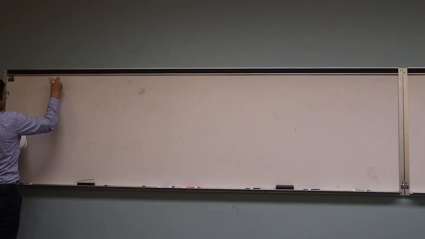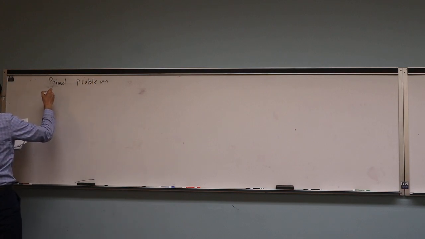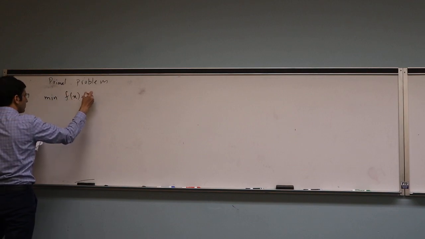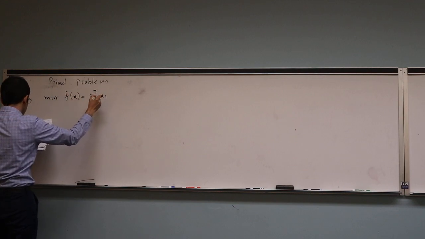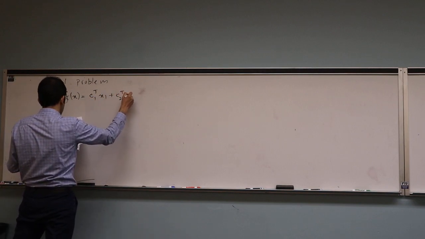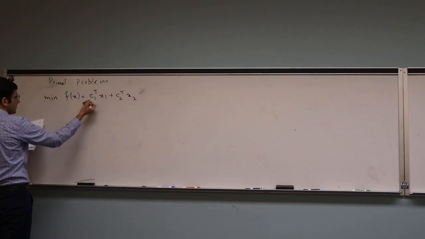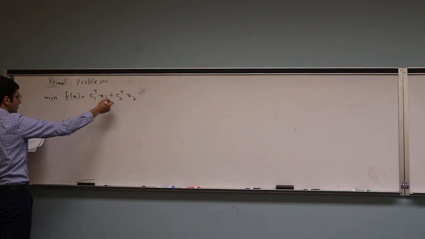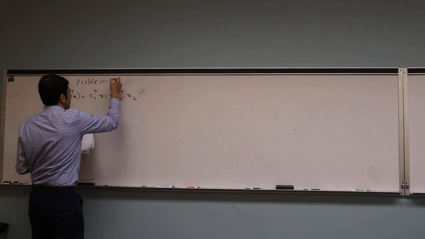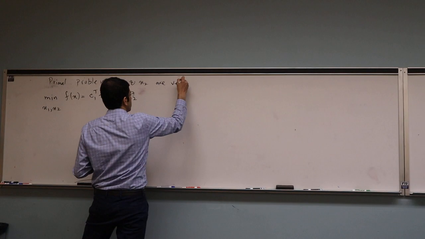So if the primal problem looks like minimizing f of x equals c1 transpose x1 plus c2 transpose x2. So x1 and x2 are sets of variables, they are not only one variable. Let me remind you, x1 and x2 are vectors.